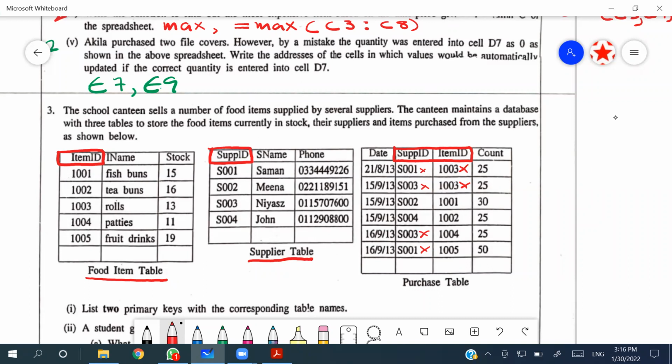But if you think about the practical scenario, sometimes it is not possible as well, right? So it's better we go with the food item table and supplier table, right? Those will be concrete answers.